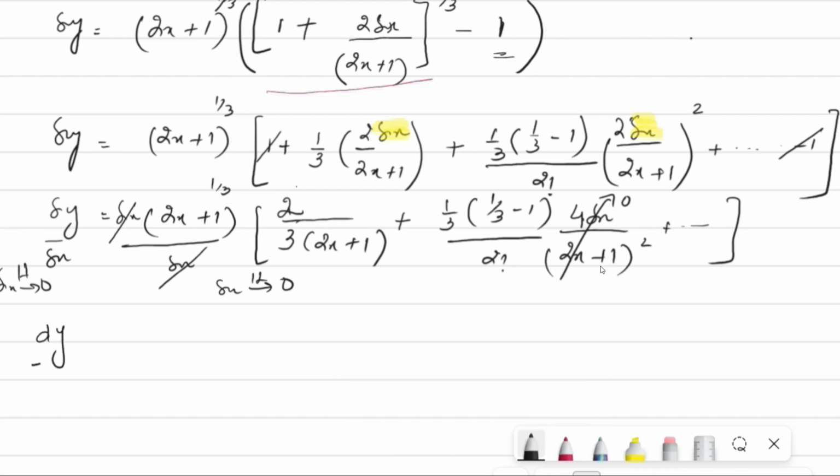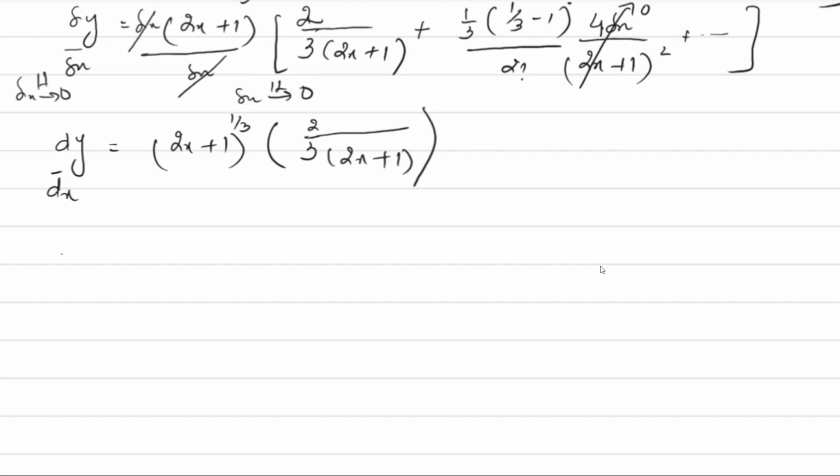So dy by dx is equal to 2x plus 1 whole raised to the power 1 upon 3 into 2 by 3 into 2x plus 1. Yes, it would be dy by dx is equal to 2 by 3 into 2x plus 1 whole raised to the power, this one power is 1, and if this power goes down, it will be minus 1 upon 3.